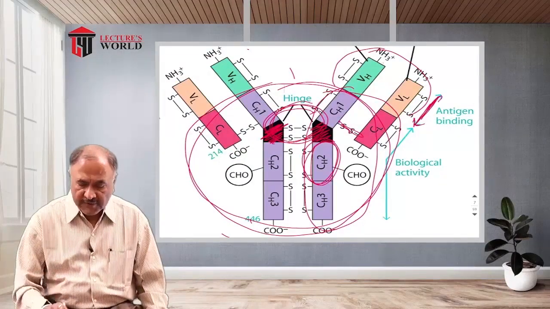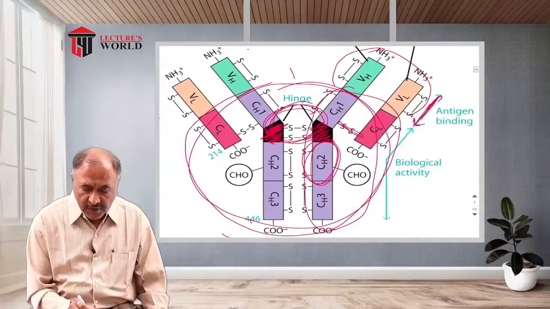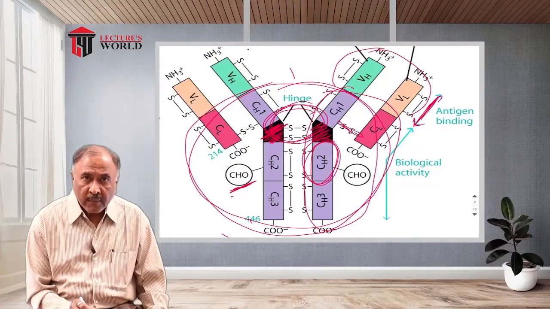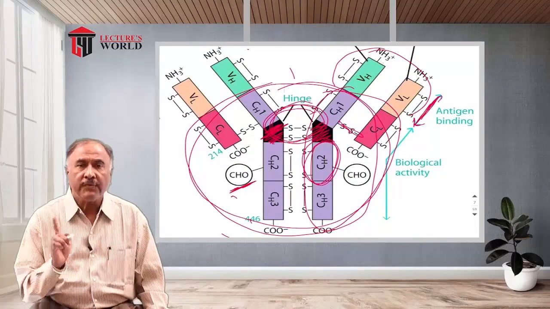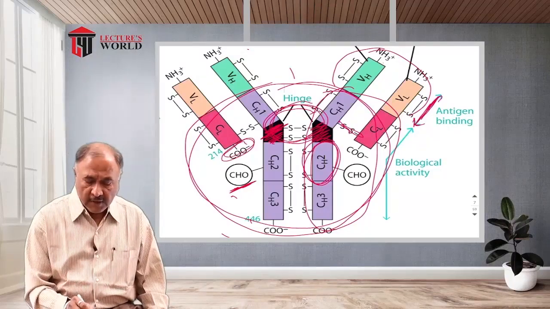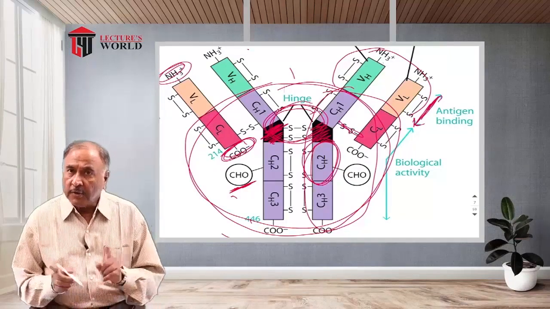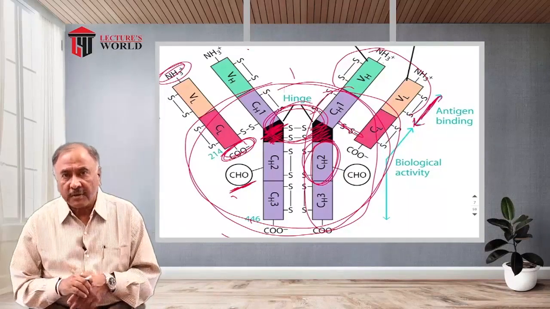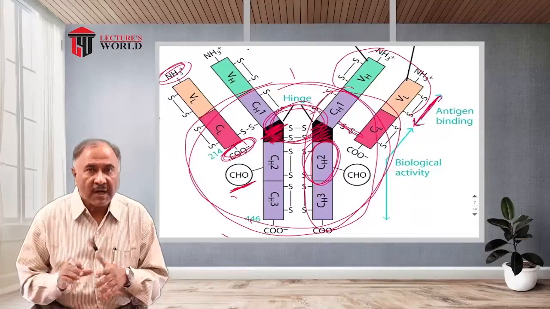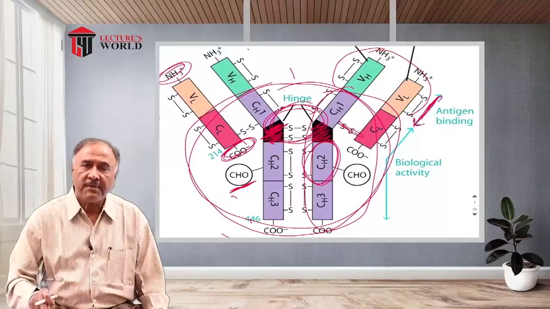At these junctures there are certain sugar molecules, as you can see in this figure. See, CHO. CHO group means sugar groups. This is COOH, that is the C terminal. This is the N terminal. So whenever an antibody structure is asked in exams, you should exactly remember this diagram.